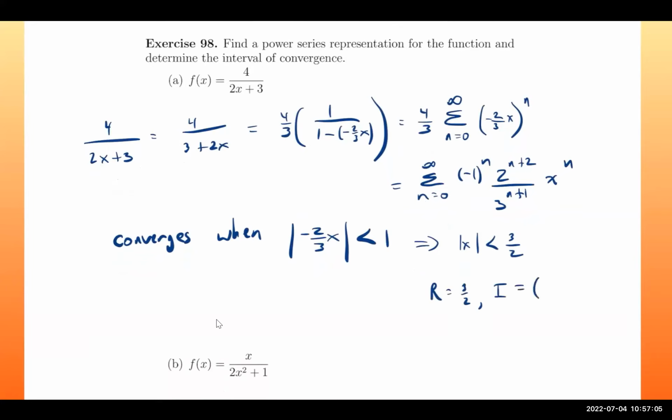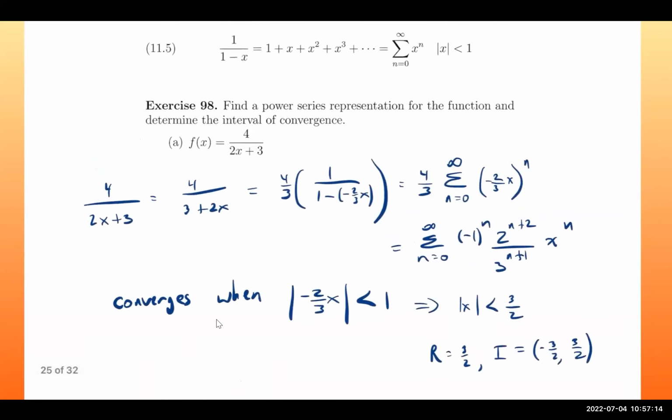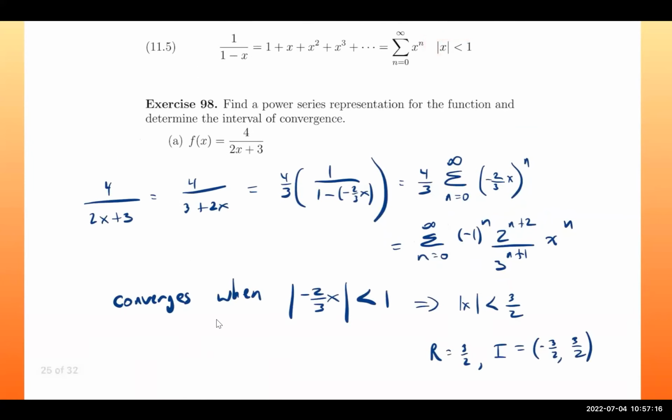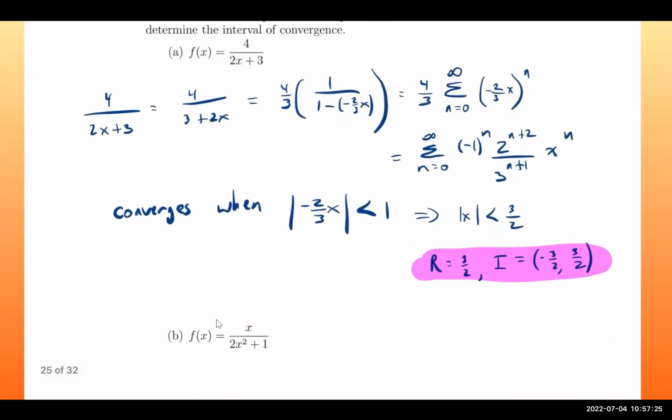And our interval of convergence is going to simply be, since it's centered at 0, negative 3 halves, comma, positive 3 halves. And because we're using the geometric series instead of the ratio test, we don't have to check the endpoints. It's always going to be open parentheses for these.